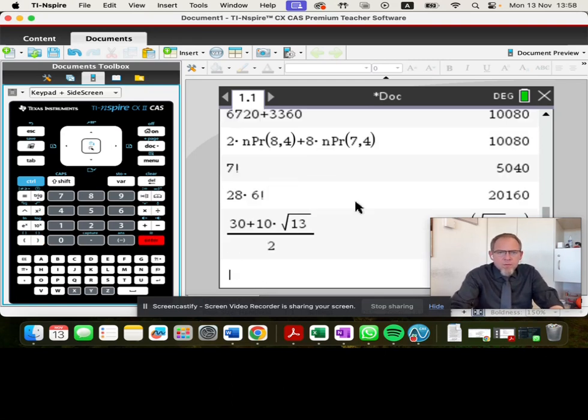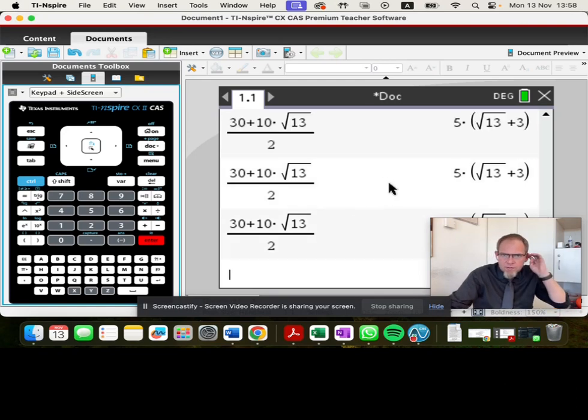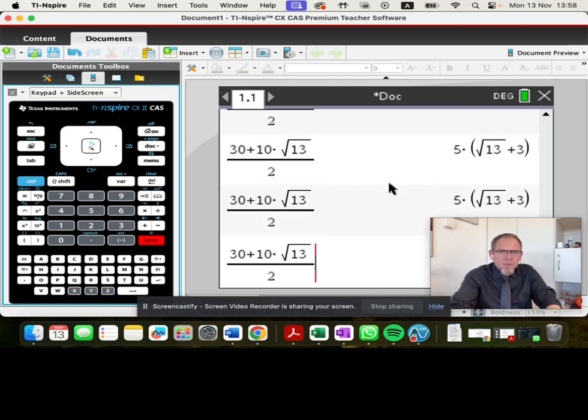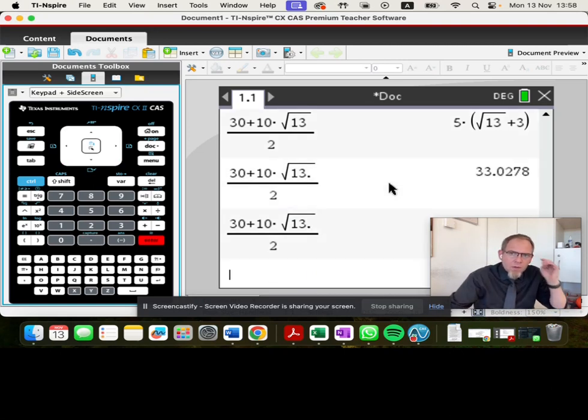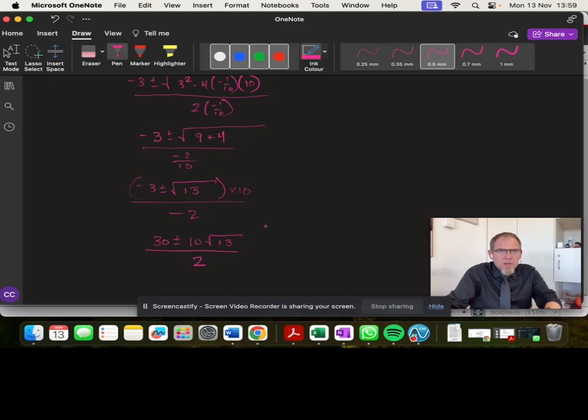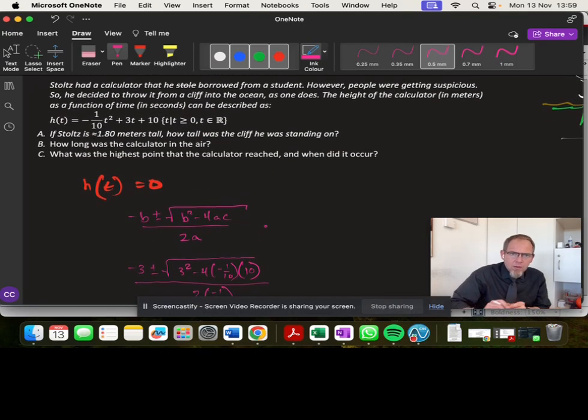And when I do that, of course, my calculator is going to give me that value. I want a decimal answer, so I got to put a decimal in there. So it looks like it's going to take it approximately 33 seconds before it splashes down. So how long was it in the air? We would say approximately 33 seconds.